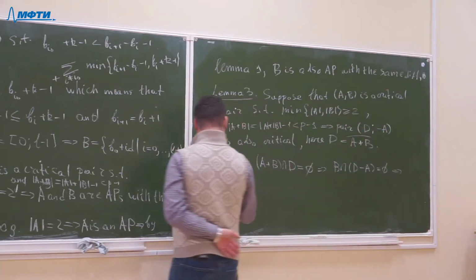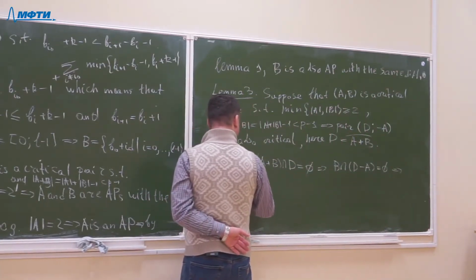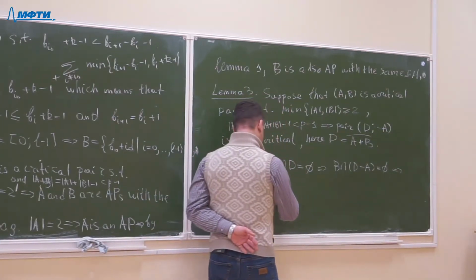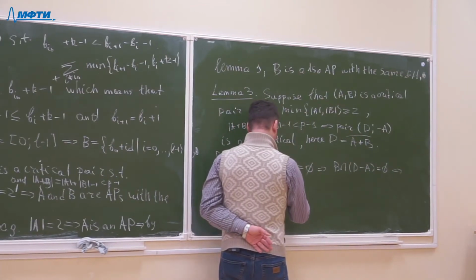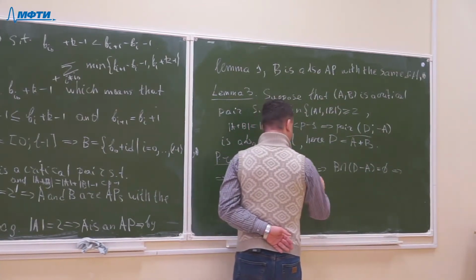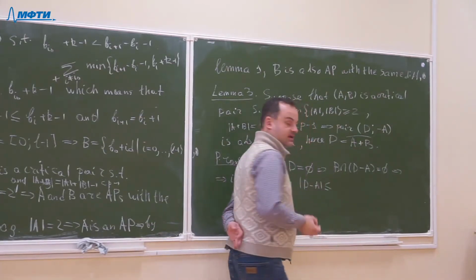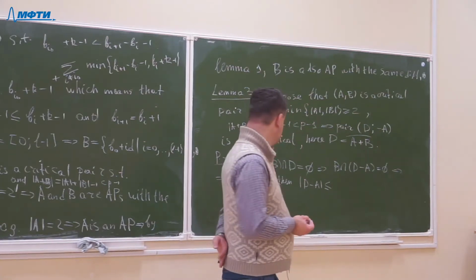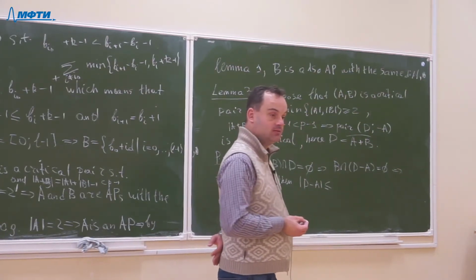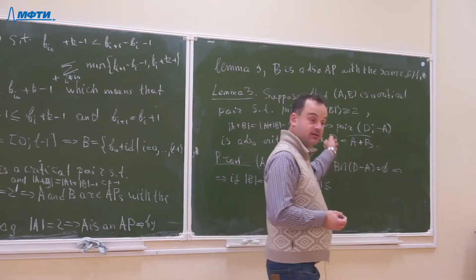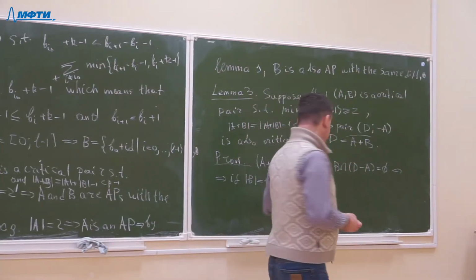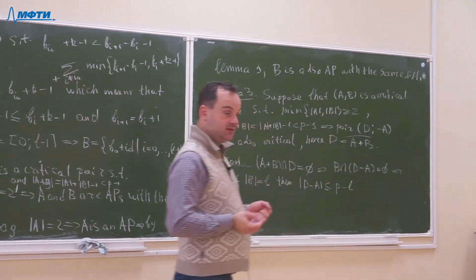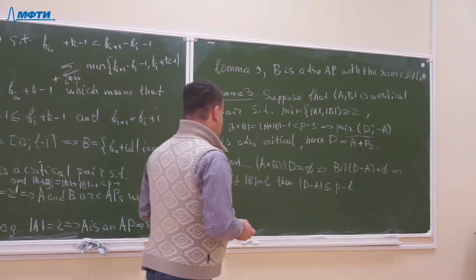So, if the cardinality of B is L, then D minus A has at most how many elements? It's inside the complement of B, right? P minus L. It has at most P minus L elements, right?